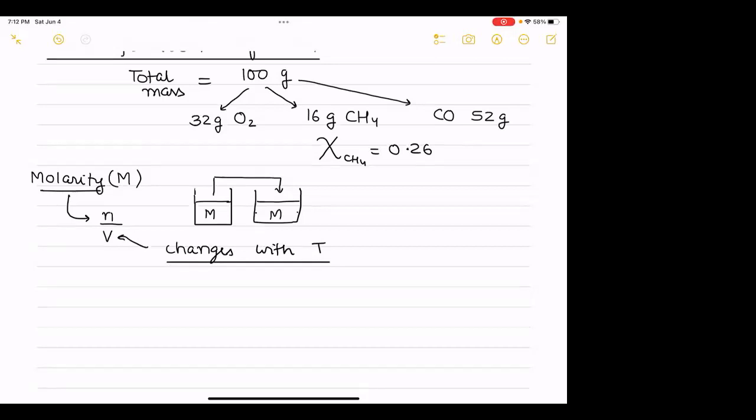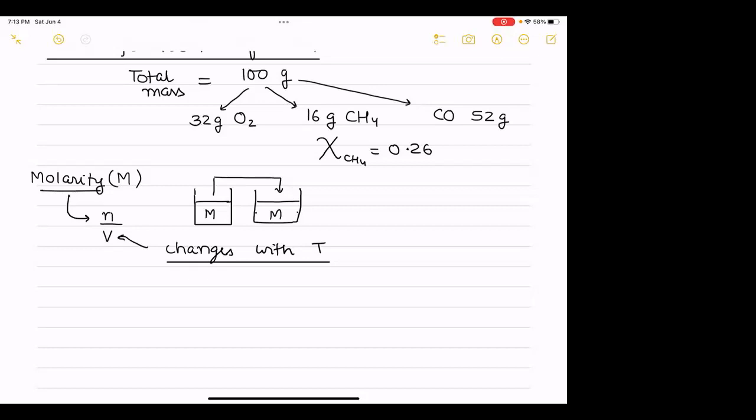Okay, and definitely the molarity will change if you add some solvent. If you add some more water, the solution will become dilute, so molarity is going to decrease. Or if you evaporate some of the solvent by heating, the solution will become more concentrated, so molarity will increase.